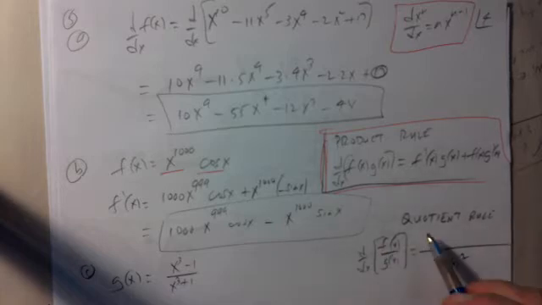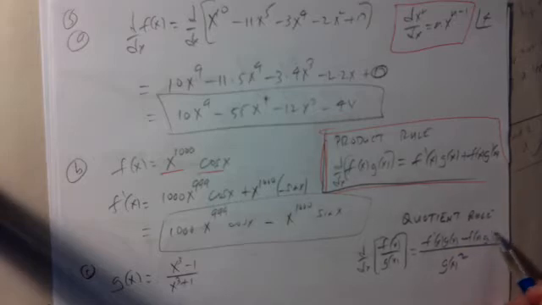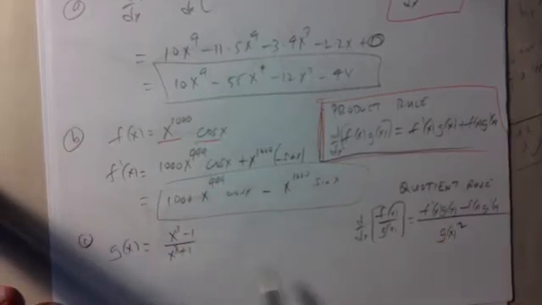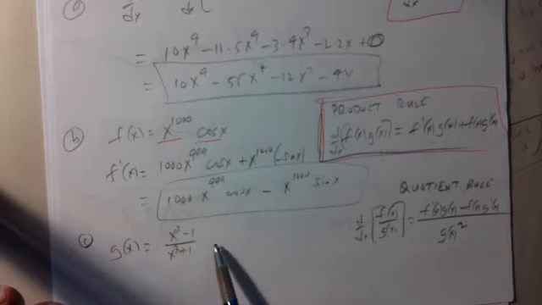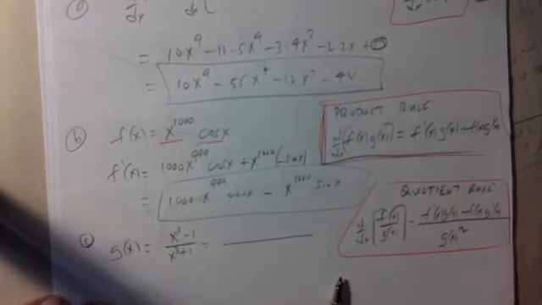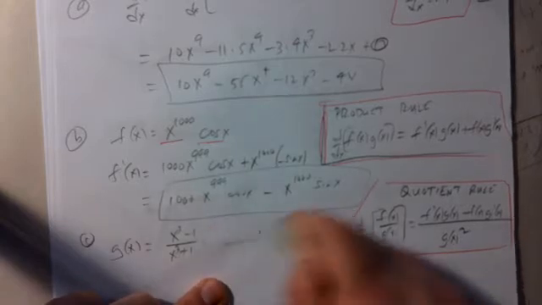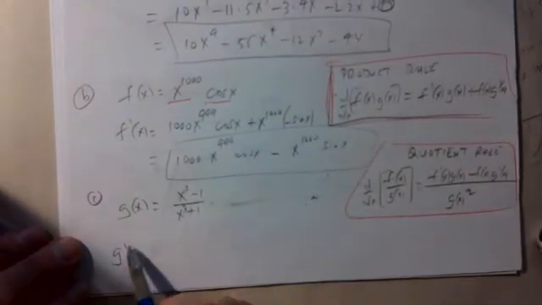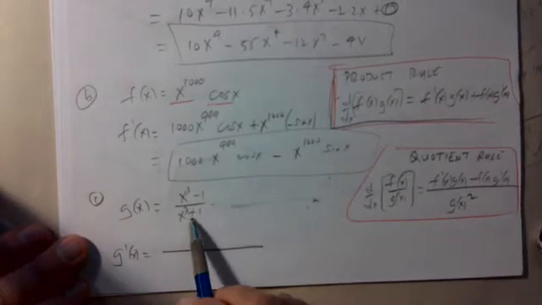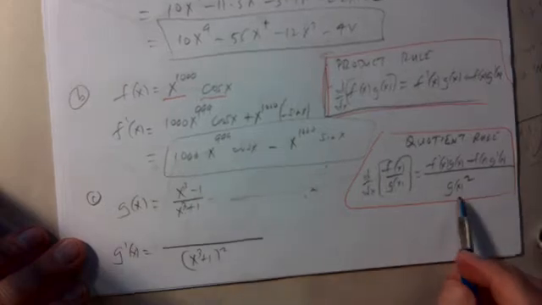And in the numerator, you get f prime of x, g of x, minus f of x, g prime of x. So here, this is my numerator. It's going to be the denominator. So this is my function. When I differentiate it, the denominator is going to be this x cubed plus 1 squared, denominator squared.